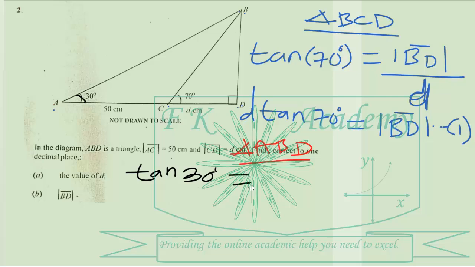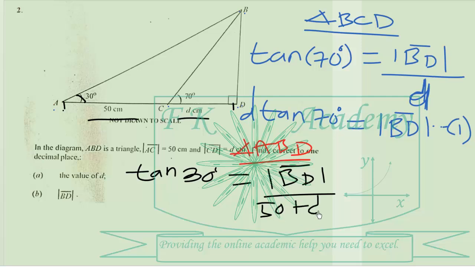The opposite is the magnitude of line segment BD over the distance from A to D. That will be 50 centimeters plus D centimeters, so 50 plus D centimeters.